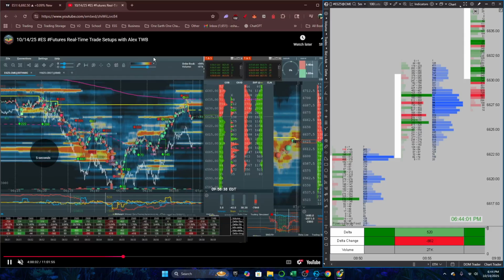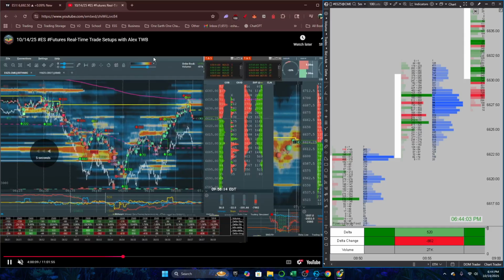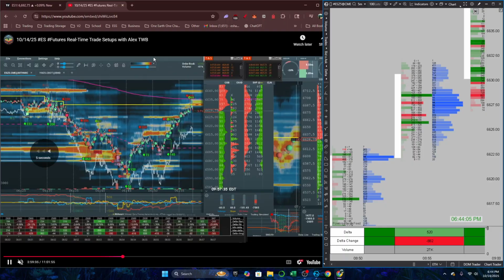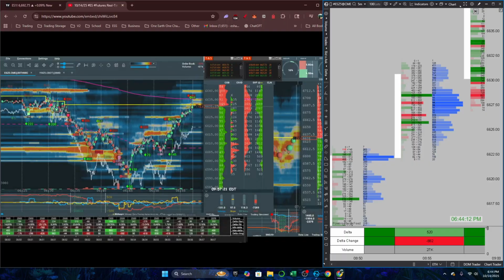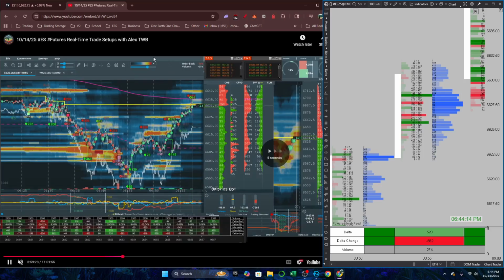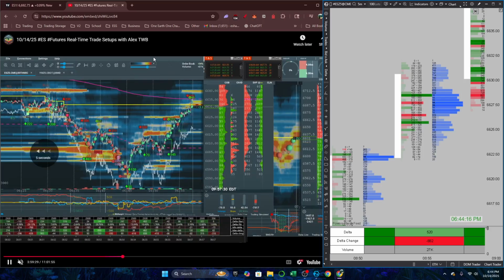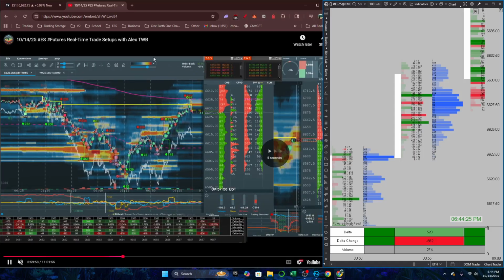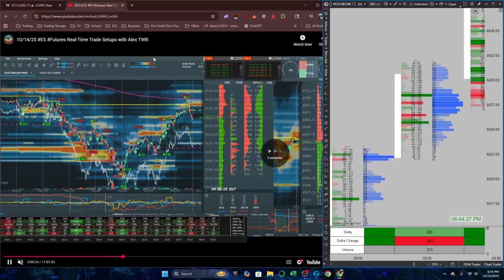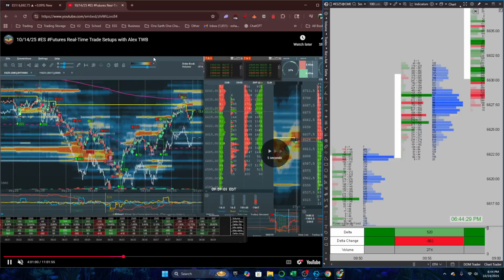Perhaps this could be spoofing. Big seller came in. Price moving away from it. Seller moved itself.